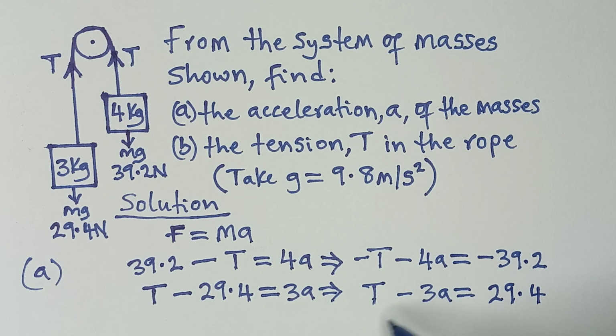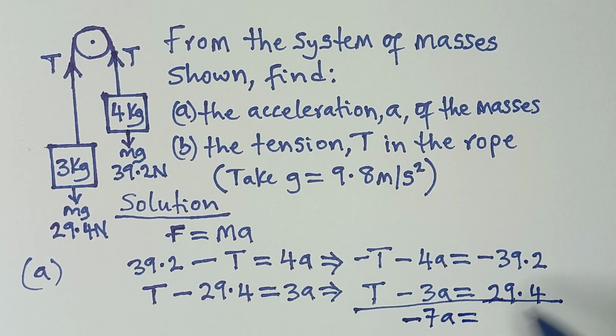Then moving to this side, let me rule a line there. Moving to this side, we have negative 4A added to negative 3A will give us negative 7A.